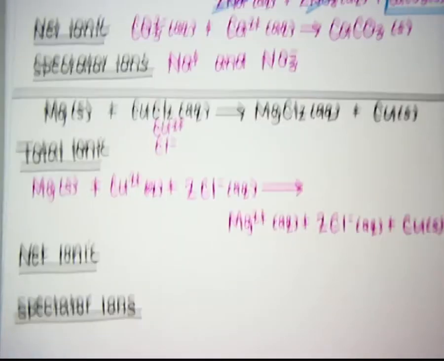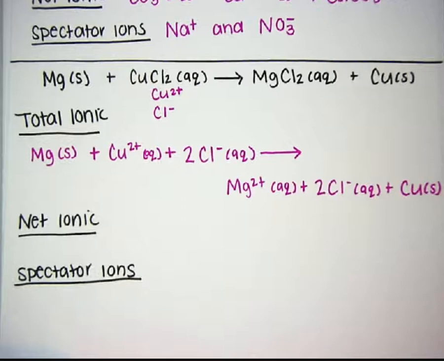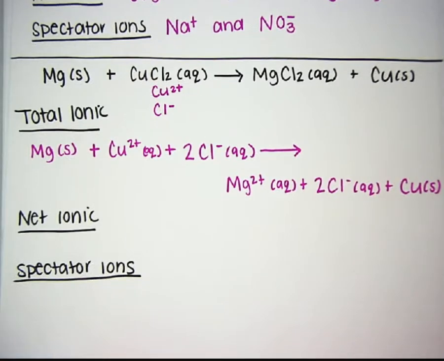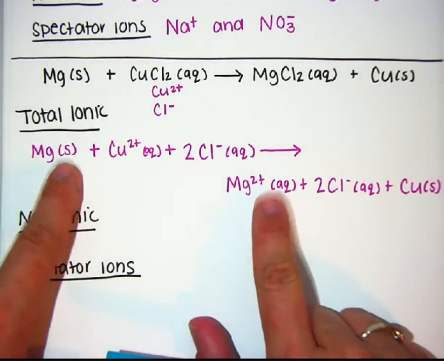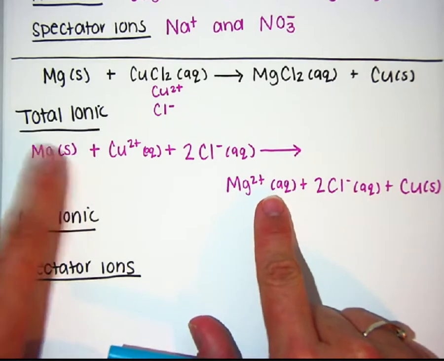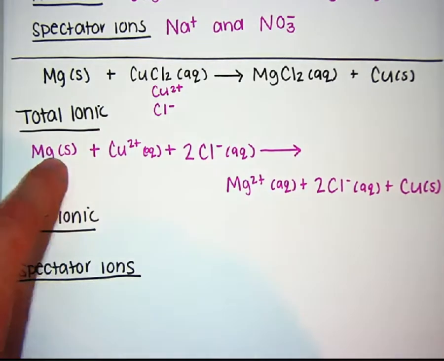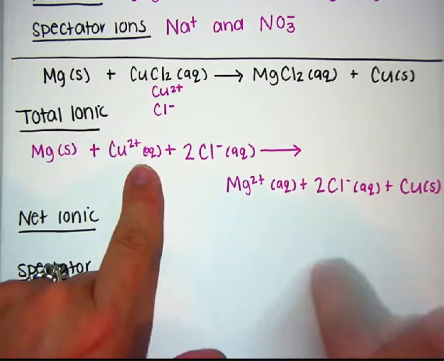Be careful when you are trying to cancel out ions. Remember, we said only ions that appear on both sides can cancel out. We cannot cancel out magnesium because it is not an ion on the left. Same thing with copper.